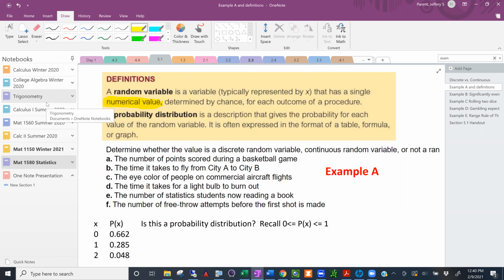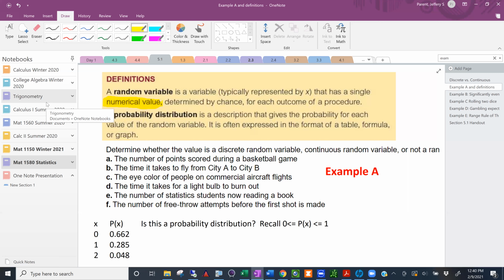How about part B here? The time it takes to fly from city A to city B. So again, we'll assume that there is some randomness involved. You know, is there a headwind? How strong is it? Is there a lot of traffic getting into or out of the airport? Those kinds of things. So it's going to be some value that could be anywhere in some kind of an interval.